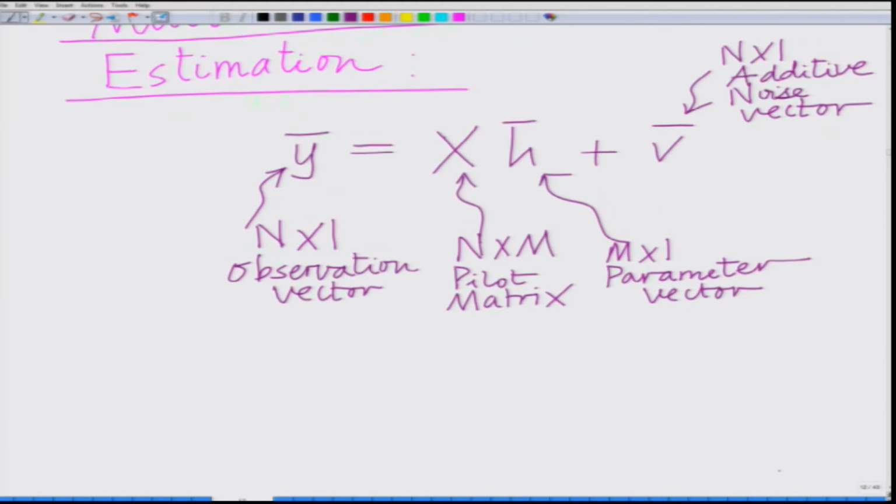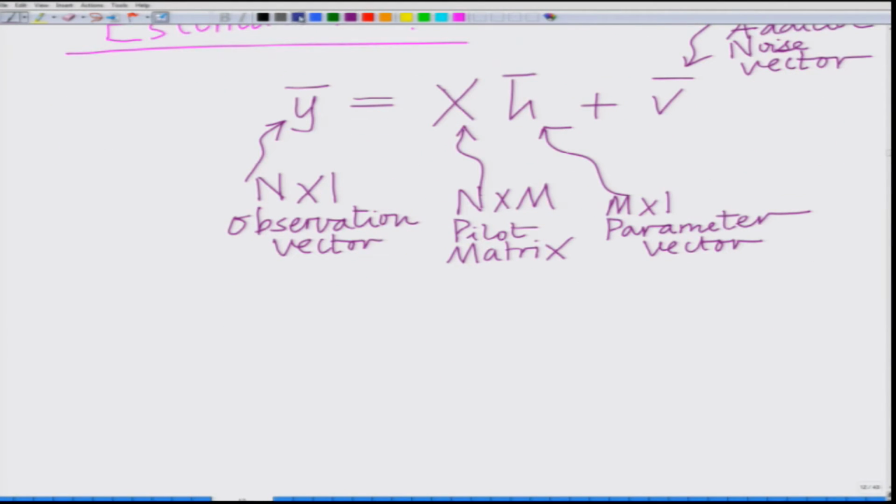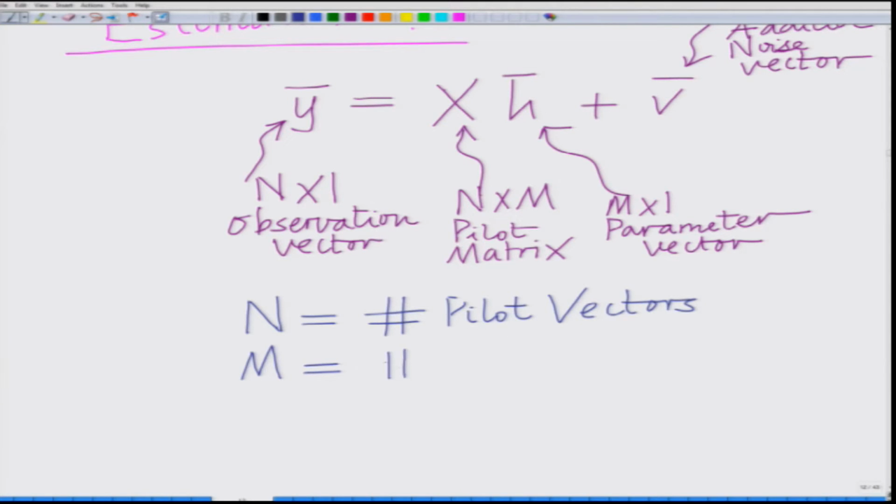And now if you look at it, what is N? Let us recall these quantities. N equals the number of pilot vectors transmitted in the downlink by the base station. Remember, we are considering a downlink channel estimation scenario where N is the number of pilot vectors and M is the number of transmit antennas.